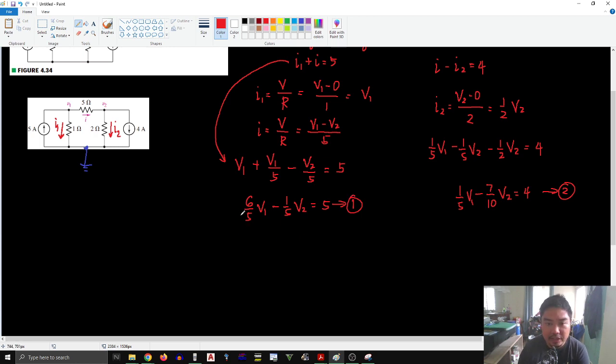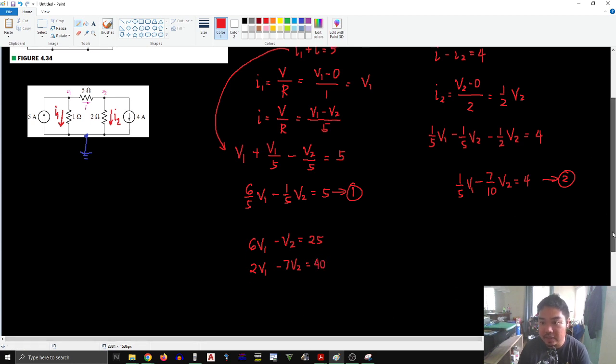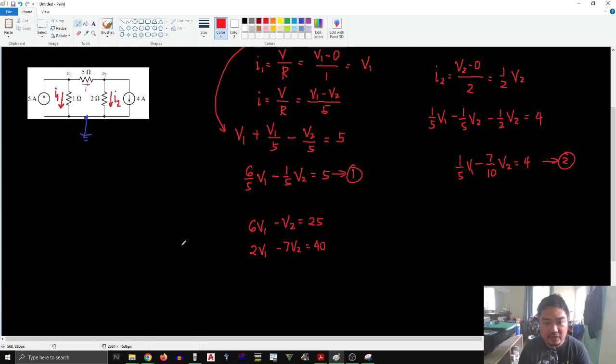Multiplying equation 1 by 5, this will give us 6b1 minus b sub 2 is equal to 5 times 5, which is 25. Okay, that is 1. And this one, we will multiply by 10. So this will become 2b1 minus 7b2 is equal to 40.